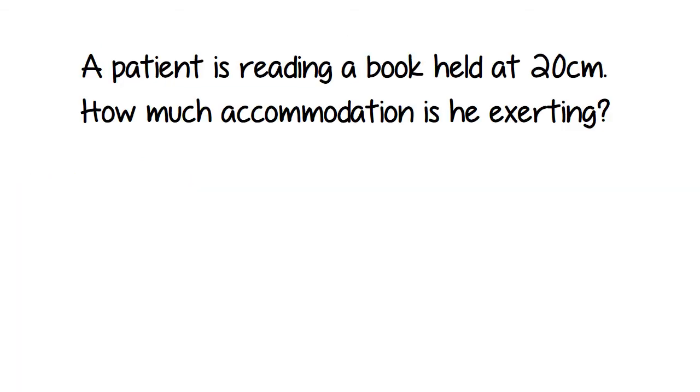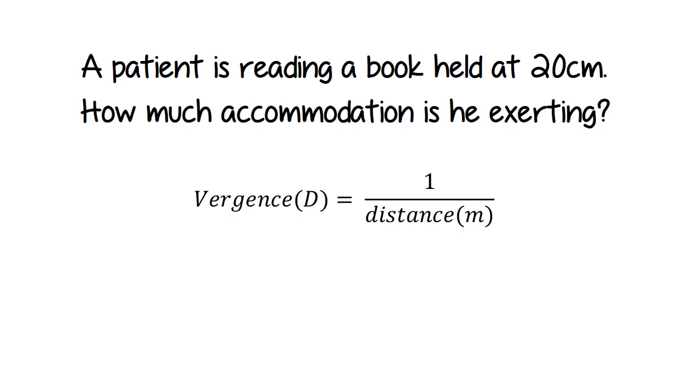Okay, let's study a clinical case. A patient is reading a book held at 20 centimeters. How much accommodation is this patient exerting? Well, remember a very long time ago when we studied vergence, vergence equals 1 over the distance in meters.